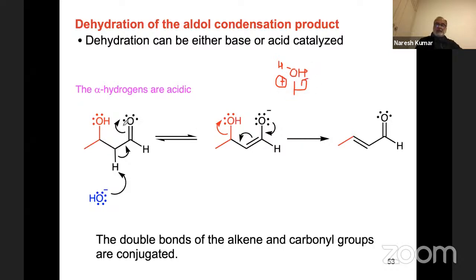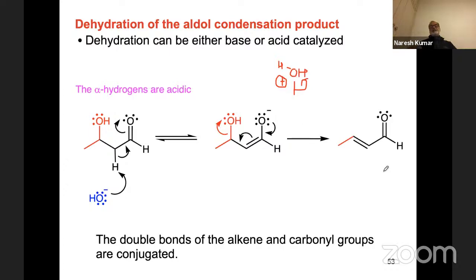But these hydroxyaldehydes or hydroxyketones can also lose water in the presence of a base, and the base can remove that proton adjacent to the aldehyde, which is still acidic, and that proton is removed, and then you get that pair of electrons moving here, giving you enolate, and then the enolate comes back, the double bond shifts here, and OH minus is lost to give you the alpha beta unsaturated carbonyl compound.